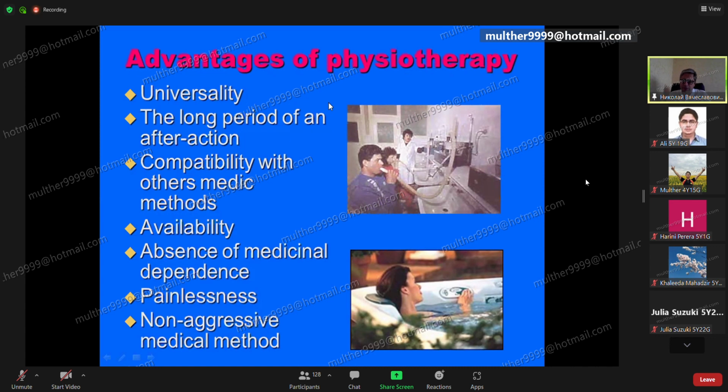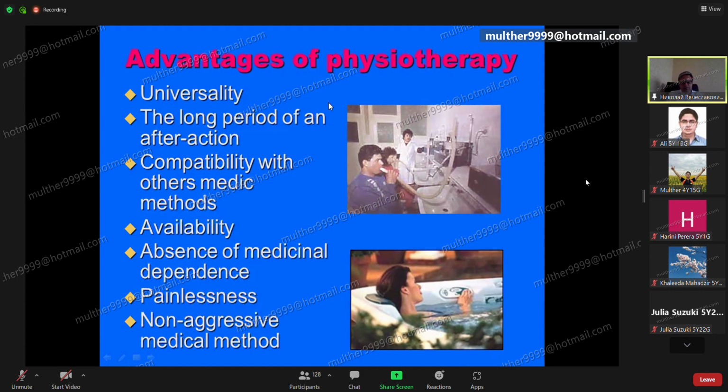One more serious advantage is absence of medical dependence. This dependence, as you know, is typical for application of any drugs, especially analgesics, especially opioids.